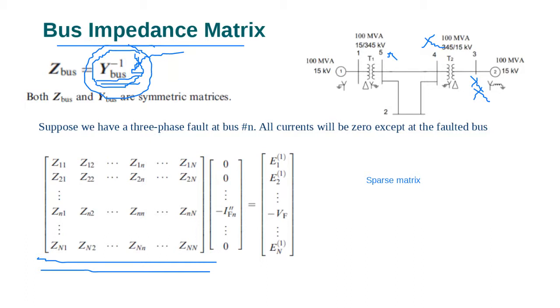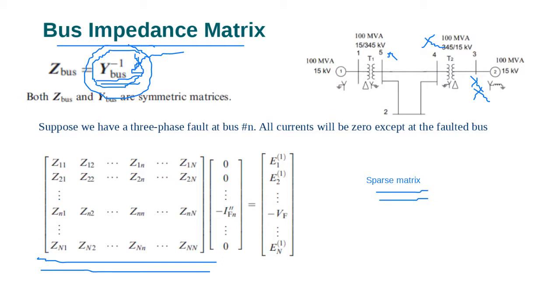Instead of inverting the whole matrix, there is a technique that we can reduce the matrix in a certain way. This is also explained in your textbook for the sparse technique. Very short.